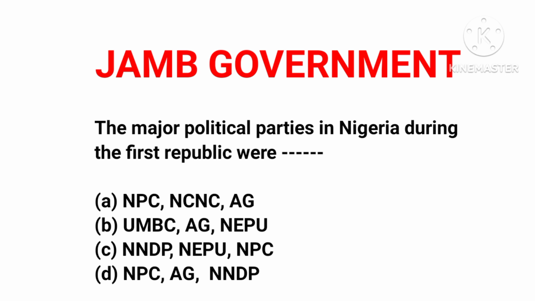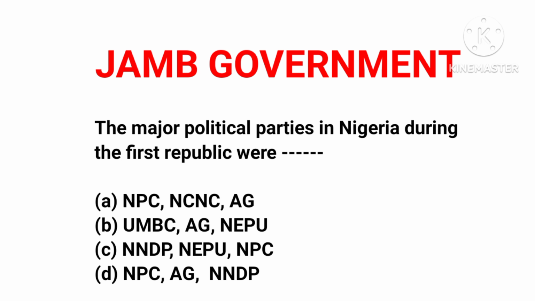Okay, now the correct answer to this question is option A, NPC, NCNC, and AG. Okay, these were the major political parties in Nigeria during the First Republic. Okay, the NPC means the Northern People's Congress. NCNC means National Council of Nigeria and the Cameroons, which was later changed to National Council of Nigerian Citizens.